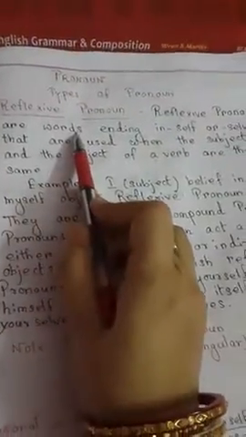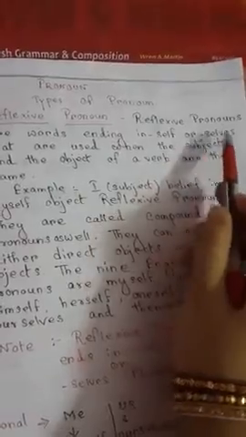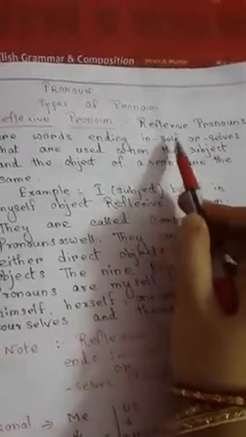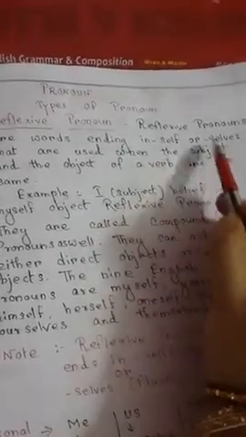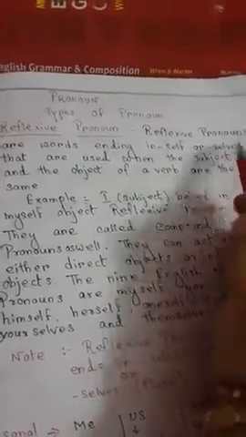Reflexive pronouns are words ending in self or selves. In the case of singular, we will use self, and in the case of plurals, we will use selves.